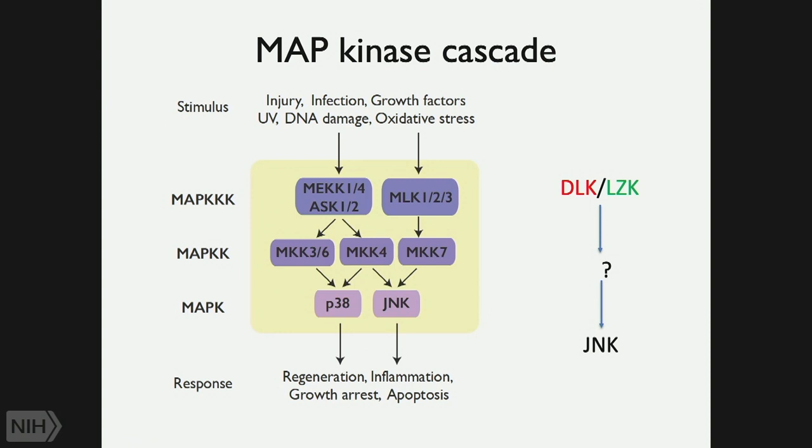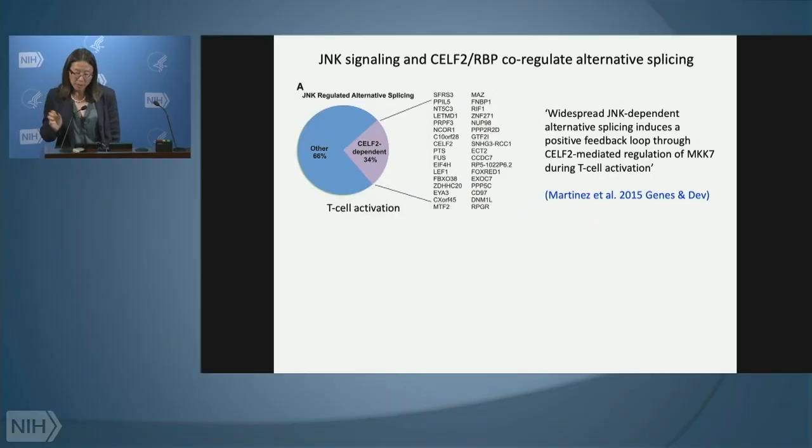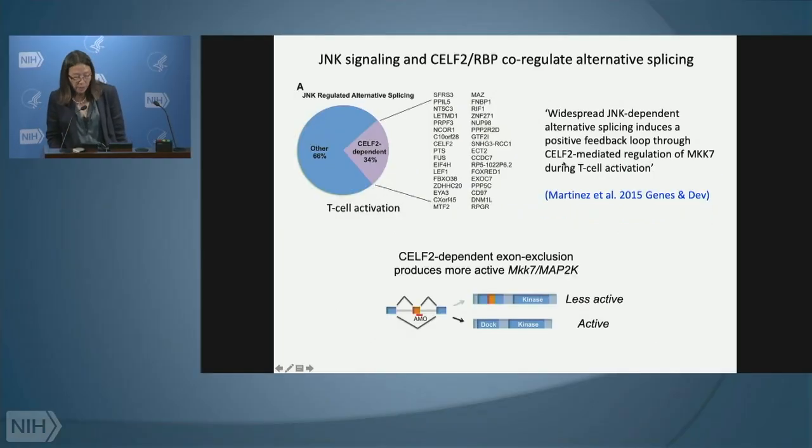In thinking about the differences between the two MAP kinases, we read a paper that actually studied T cell activation. In this process, JNK signaling is widespread, and one of the JNK signaling outputs induces many genes involved in T cell differentiation. This group identified a mechanism showing that the JNK upstream kinase, MKK7, undergoes alternative splicing by an RNA binding factor called CELF2.